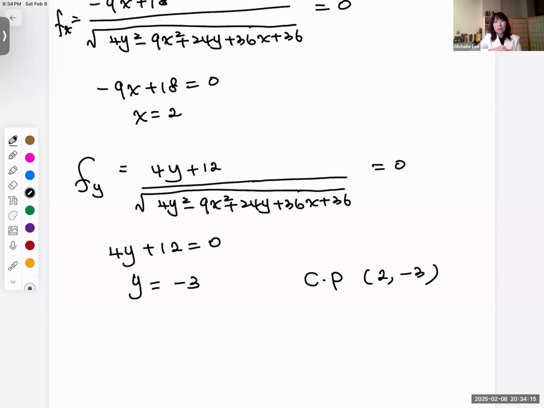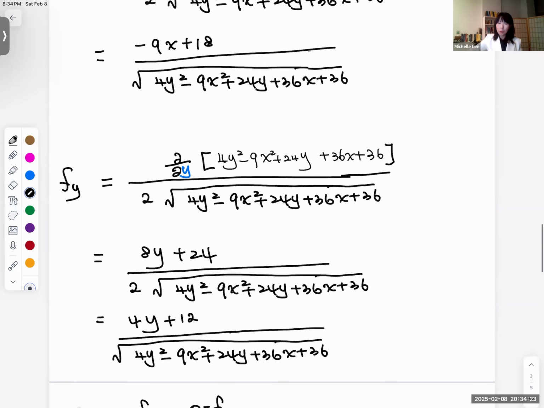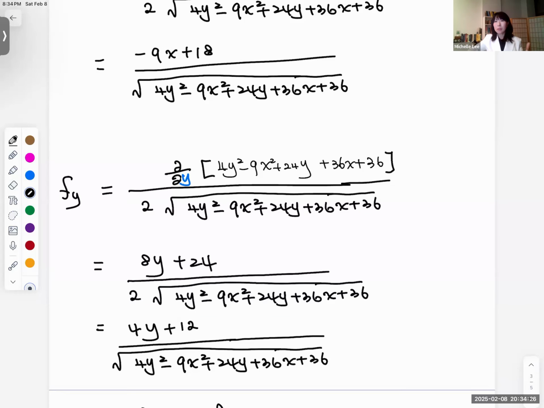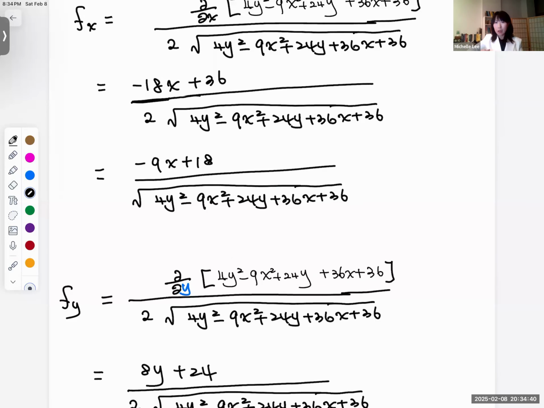But this problem has another critical point because we have critical points when the derivative equals 0, or the derivative is undefined, does not exist, right? So we have partial derivative in calculus 3. So partial derivative with respect to x equal to 0, find x.